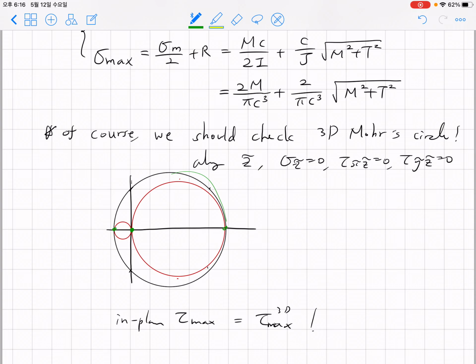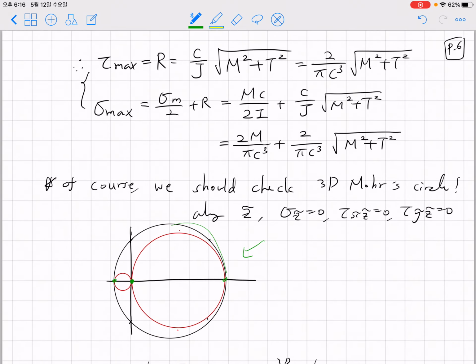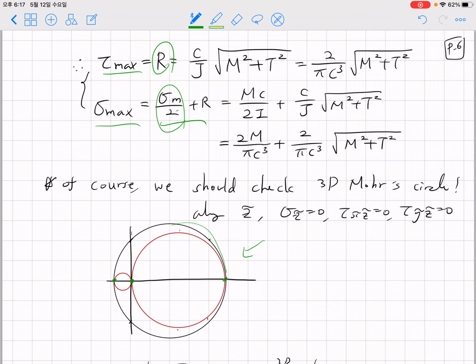This is quite fortunate. When the two principal stresses from the in-plane analysis are such that one is positive and the other is negative, as is the case for a plane stress problem, we can find the maximum shearing stress from the in-plane analysis only. If we obtain the expressions for tau max and sigma max, we can simply write R, or sigma average, which is sigma m over 2, plus R, as an answer for our questions.